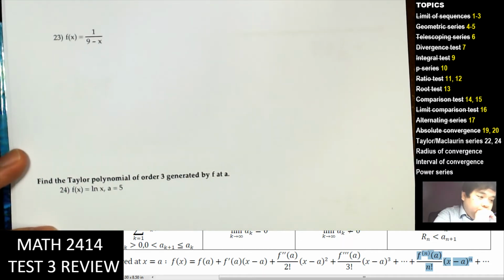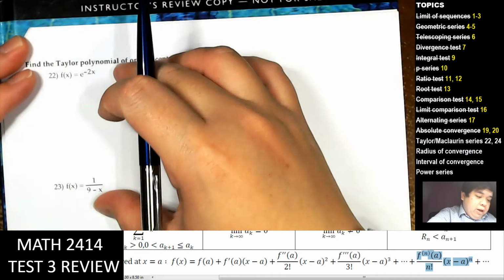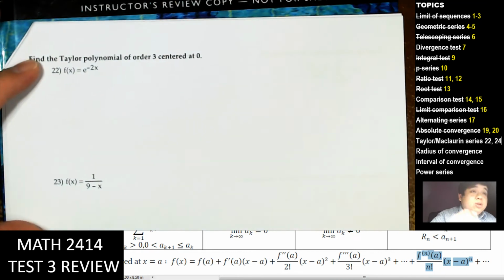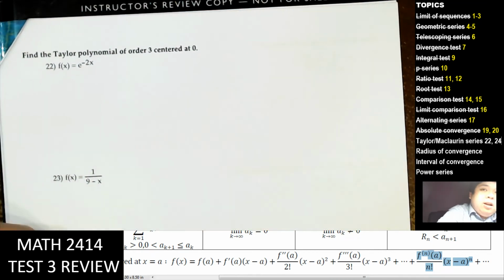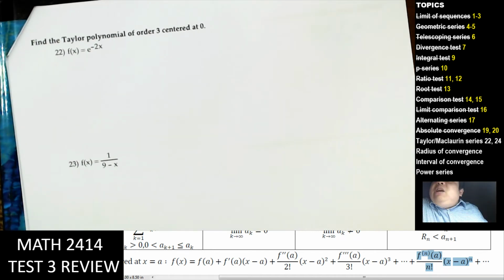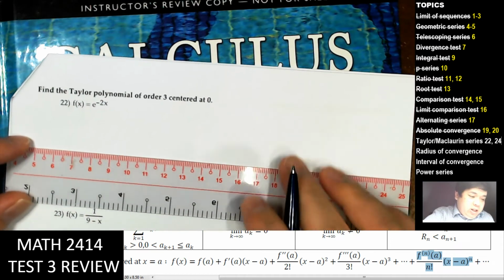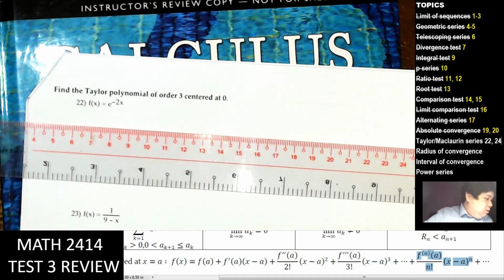Now I'm going to do either one of these. I'll just pick 22. Usually for this one I'm going to have a table. So we'll have a ruler here. Just make a table.